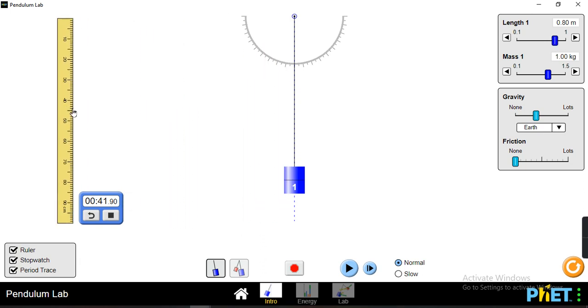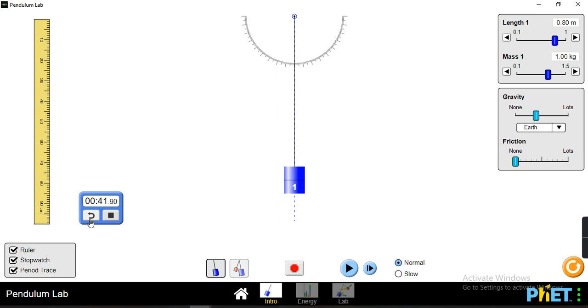Alright, this is 80. Then restart my stopwatch, make it 0, and display the angle 45. Let's go, I'll start the experiment again. Remember, I'm going to do it 2 times as well.